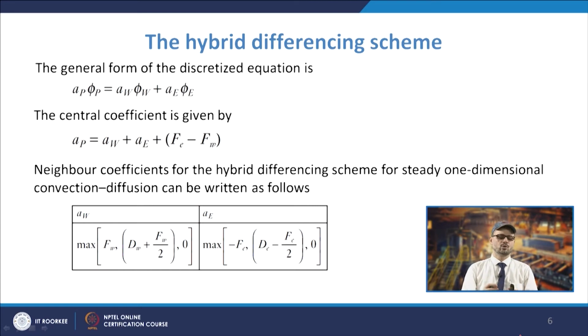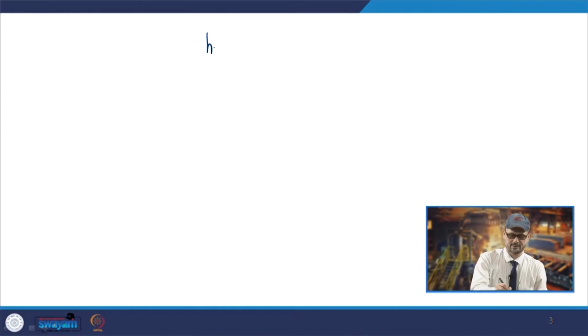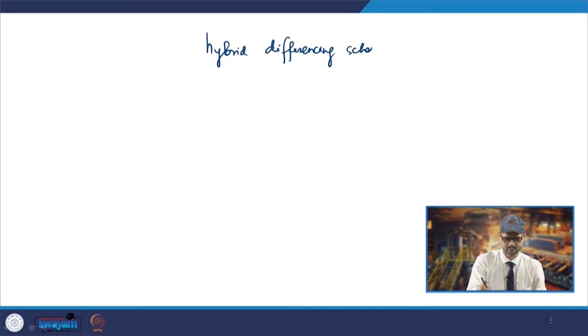So, we know that the Peclet number is nothing but the ratio of F to D. If we go to the hybrid differencing scheme, we have the definition of the Peclet number at the west face, that is Fw by Dw.